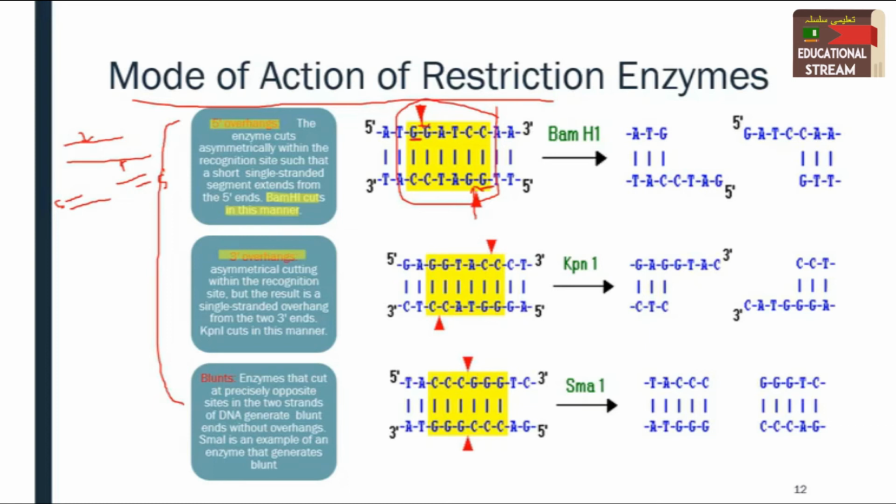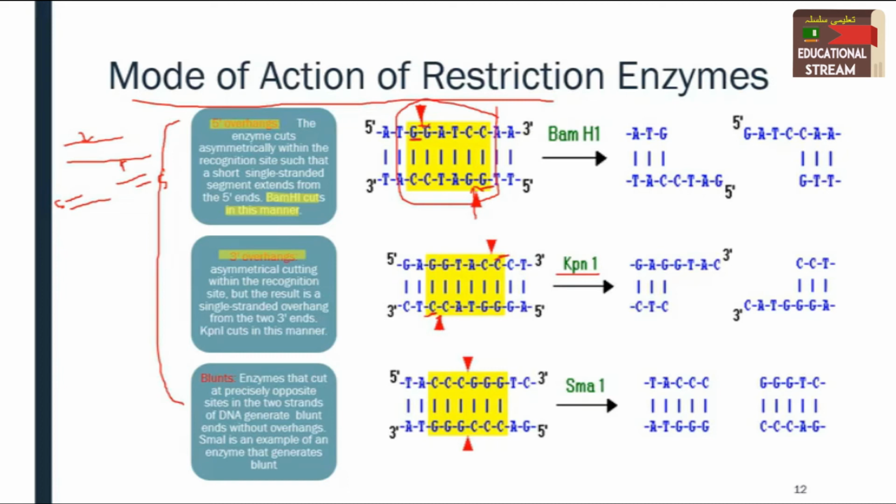If we see the example of this enzyme, which is KpnI enzyme, it will cut at the 3' end. Now the shorter fragment will be produced at the 3' end. Therefore, we will call it the 3' overhang.